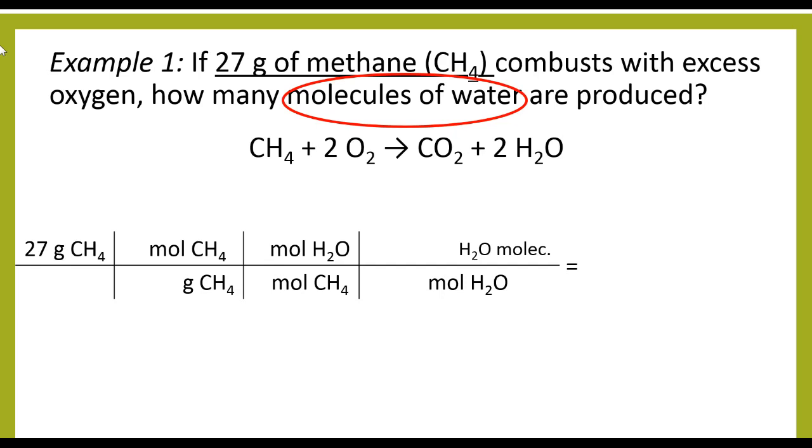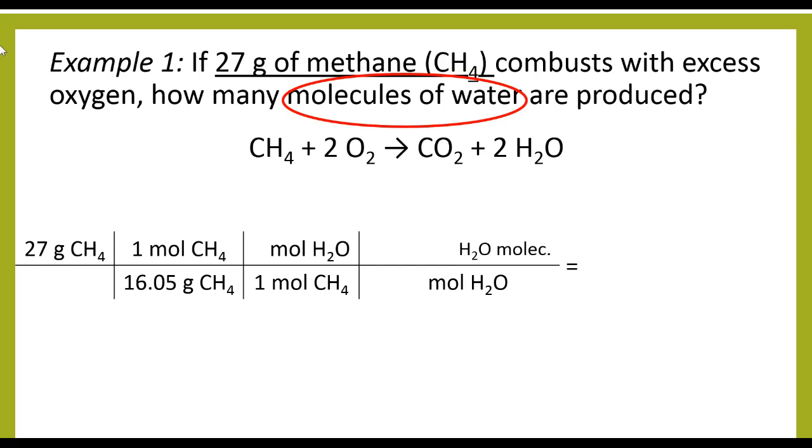For the molar mass of methane, I'm going to add up the mass of 1 carbon and 4 hydrogen, which ends up being about 16.05. And I know molar mass is always grams per 1 mole, so 1's going to go up on top. Now for my mole ratio, I want to look at the coefficients for my balanced chemical equation. If I look for my methane, I see there's not a coefficient there, so I know it must be that invisible 1.